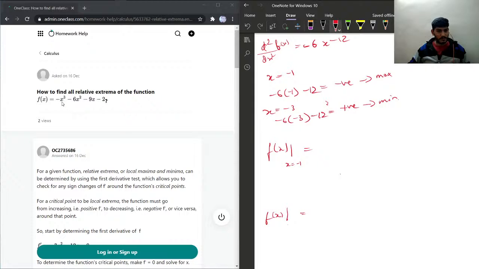For x equal to minus 1, minus 1 cubed with the leading minus will be plus 1, and 1 squared, so this will be minus 6, plus 9 minus 2, so this becomes 1 minus 6 plus 9 minus 2. Yeah, this will be 2. So for the local maxima, the point will be minus 1 comma 2.